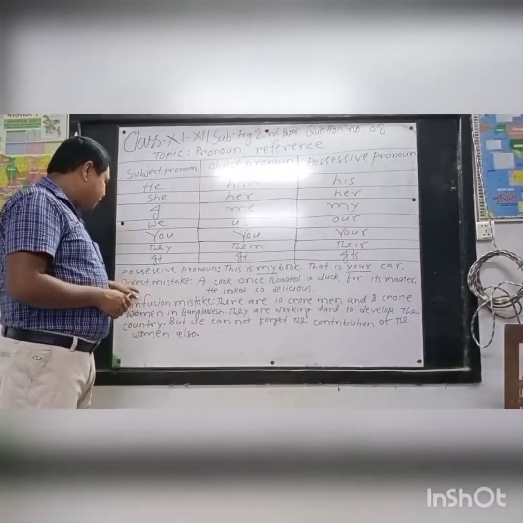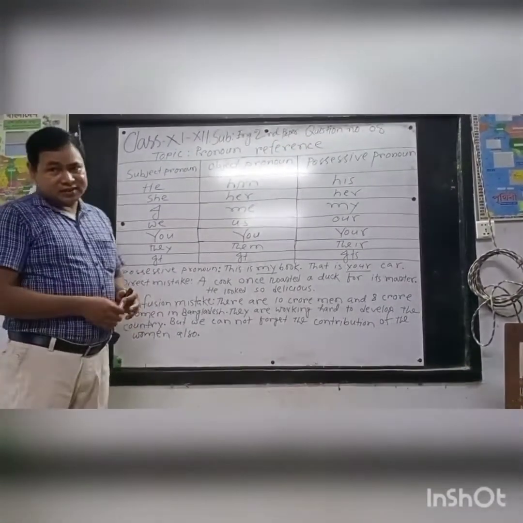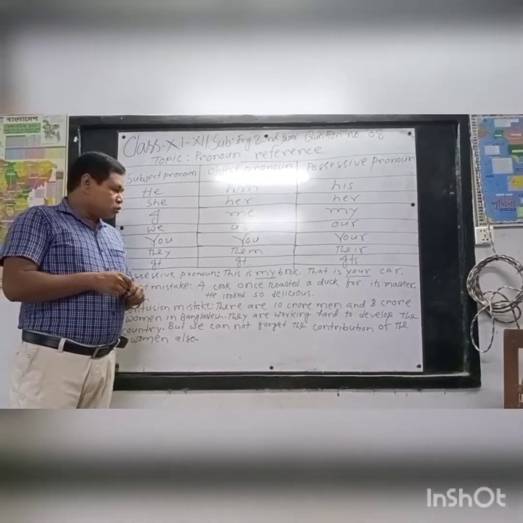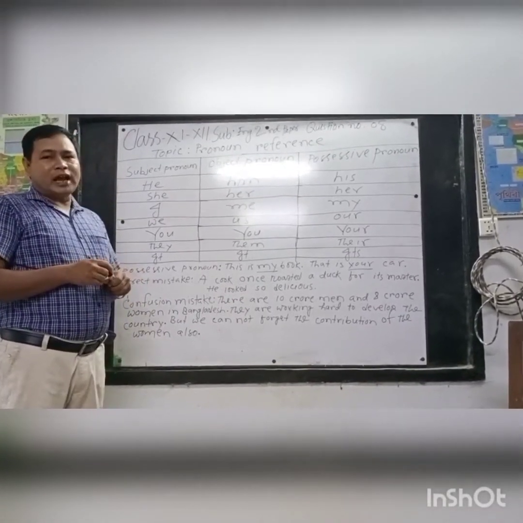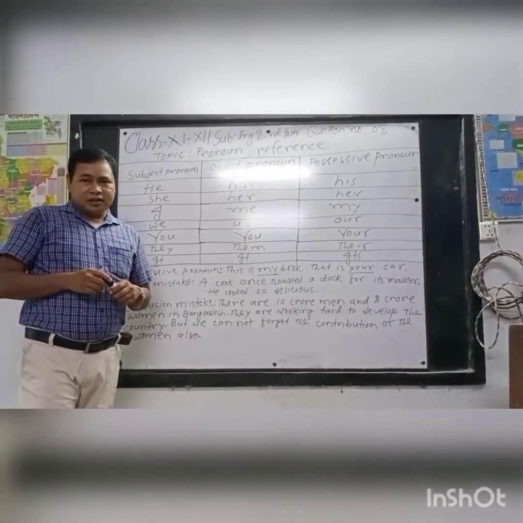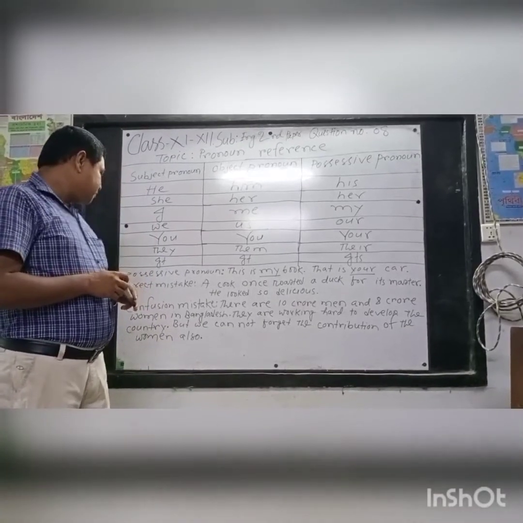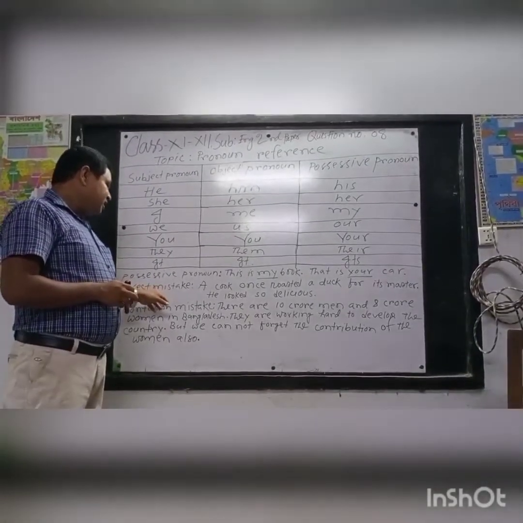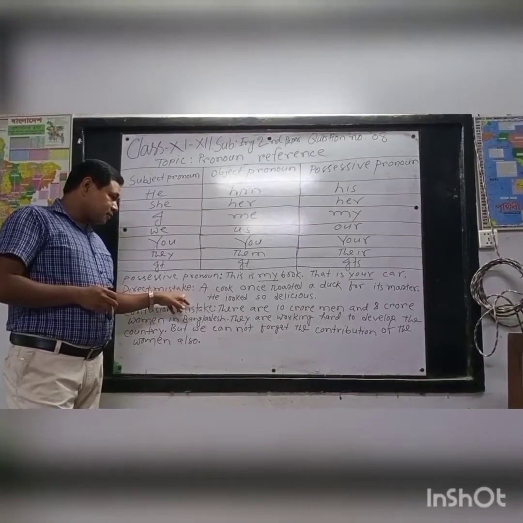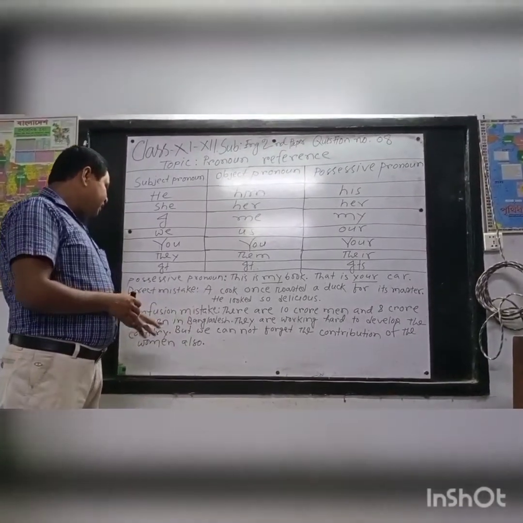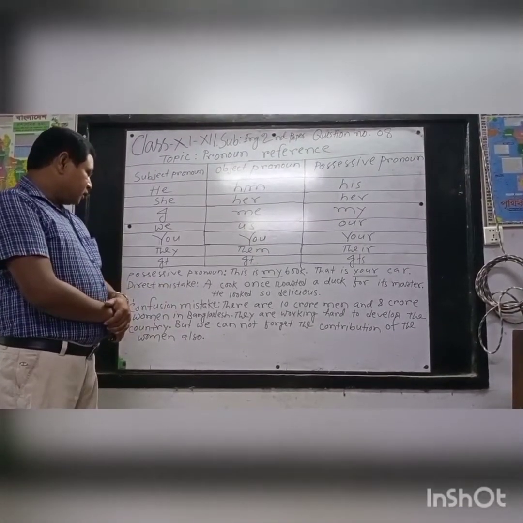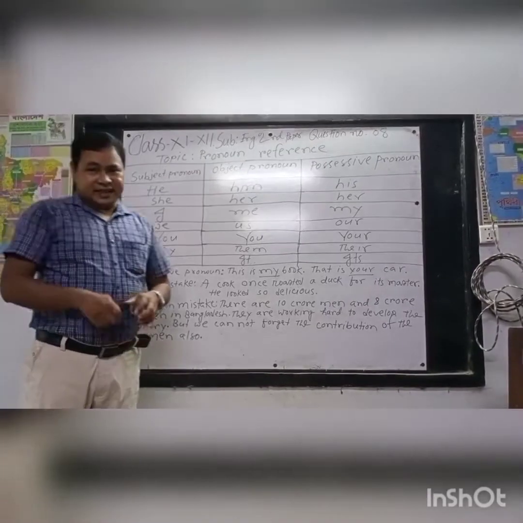Now come to the point, pronoun references. Normally, we find two types of mistake in pronoun references. One is direct mistake and the other one is confusion. So what is direct mistake?